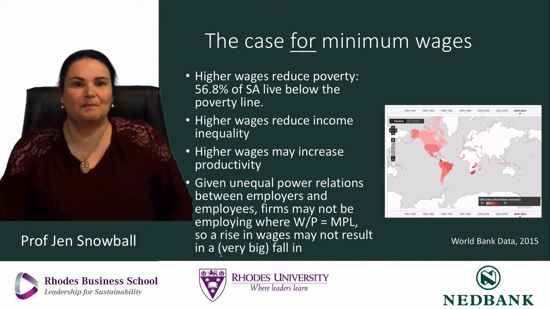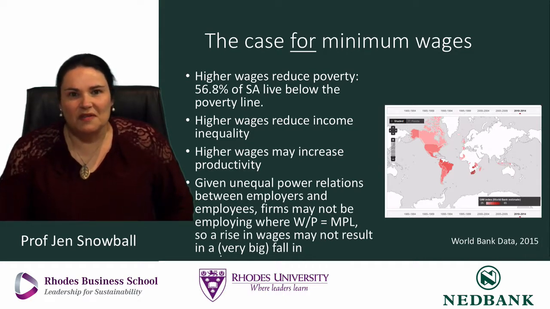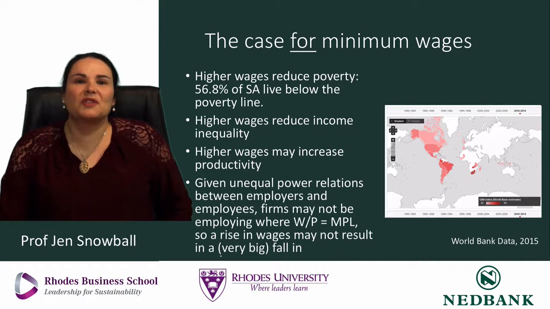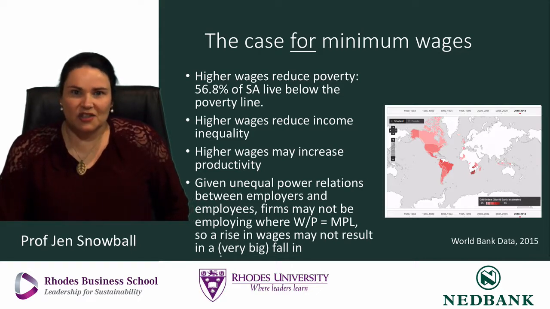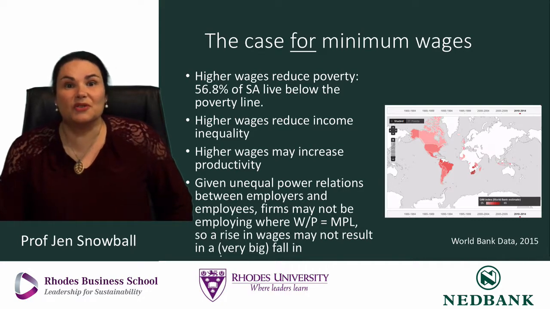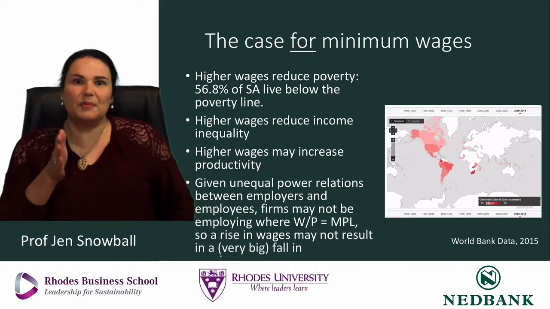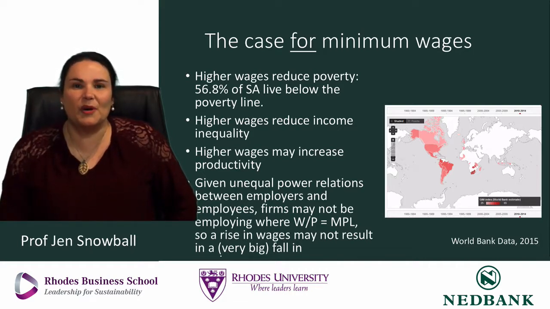of labour. Given the unequal power relations in some countries, though, and South Africa being one of them in some sectors, there's also the argument that firms are not actually paying where the marginal product of labour is equal to the real wage rate. So in other words, it's not the case that firms are employing people just up to that particular point.